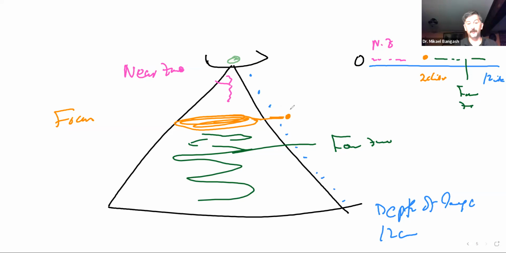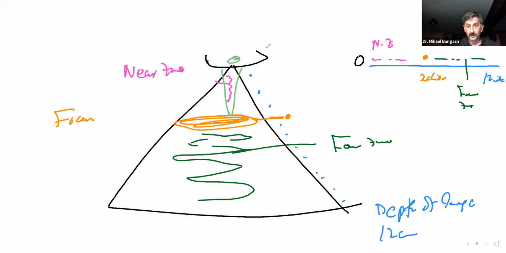You set this focal point here. What you will actually be telling the system to do is send out a beam, but I want this beam to focus at this depth here.